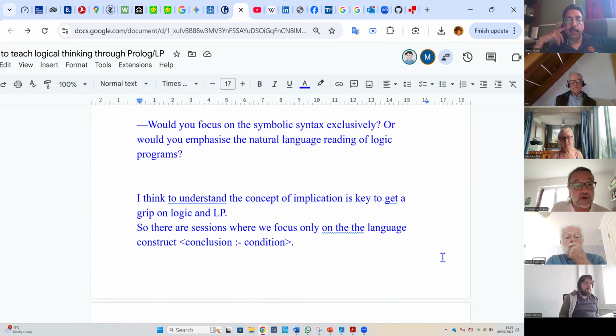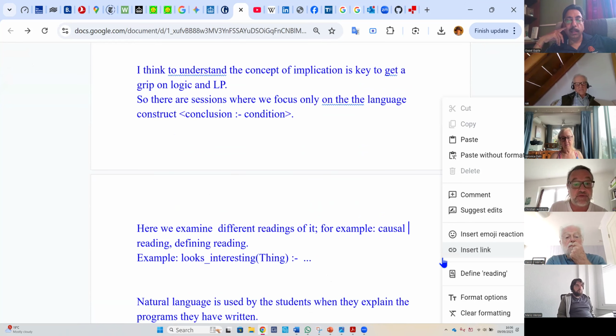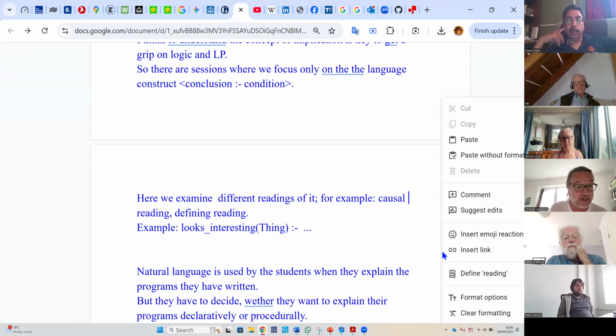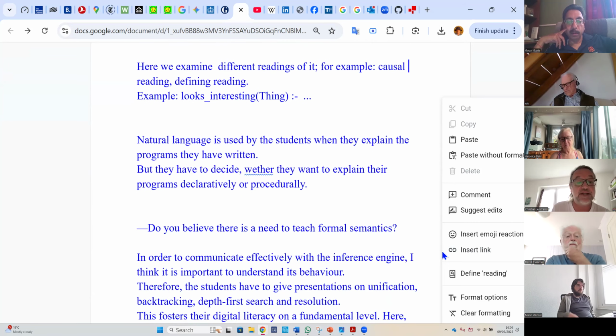I think understanding the concept of implication is key to get a grip on logic and LP. So there are sessions where we focus only on the language construct conclusion if condition, and where we examine different readings of it. For example, causal reading or defining reading. One example is looks interesting, bracket, thing, bracket, if.